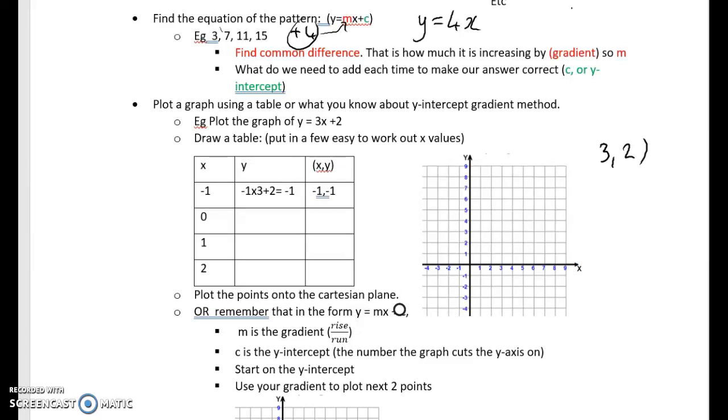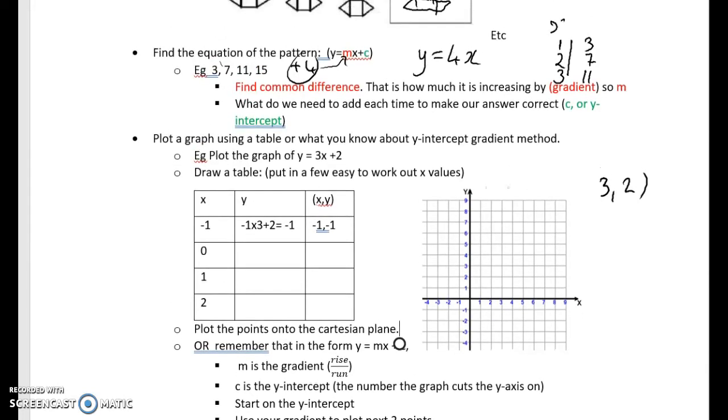Now, when you're trying to think of that, just remember my pattern number 1 was 3, my pattern number 2 was 7, my pattern number 3 was 11. So I had that, and I knew I'm adding 4 between those. If I say this here is x, that's my y, my output that's coming out. If I said 4x, well that would be 4 times 1 is 4, 4 times 2 is 8, and 4 times 3 is 12.